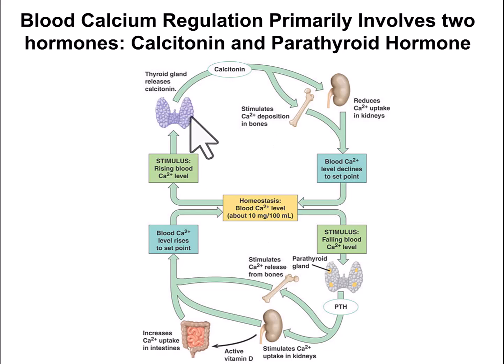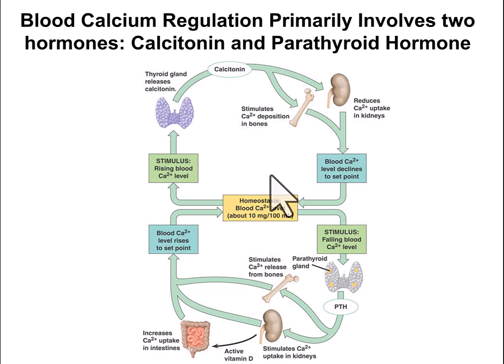Well, cells within the thyroid gland, called your C cells, or parafollicular cells, produce calcitonin. And calcitonin is going to decrease blood calcium levels when they get too high by stimulating calcium to be taken up by bones. It also reduces calcium uptake in the kidneys so that you release more calcium into the urine, and that's going to decrease your calcium levels back to the normal level.